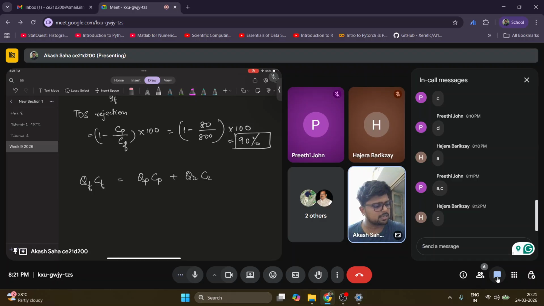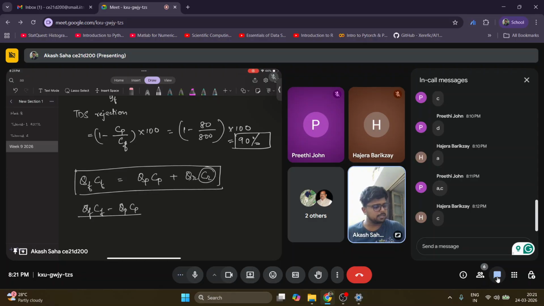If you do this, you will get the answer. So from here you have to find out the CR. It will be QF CF minus QP CP, divided by QR, which will give you the CR.